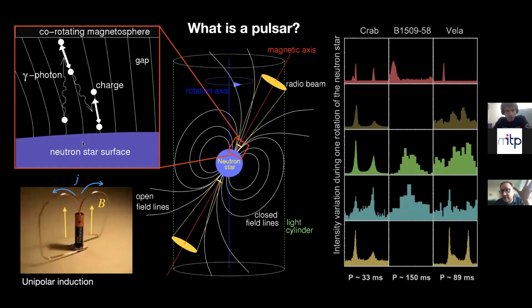So if you're in a vacuum and you just have a spinning magnet, the surroundings will quickly start to be populated by electrons and ions, just because there are these electric fields which pull out charges from the atmosphere.